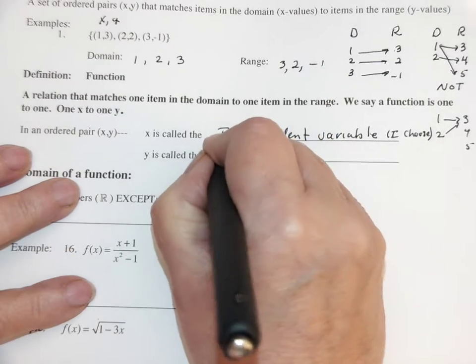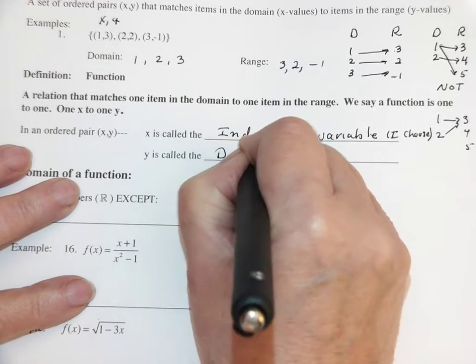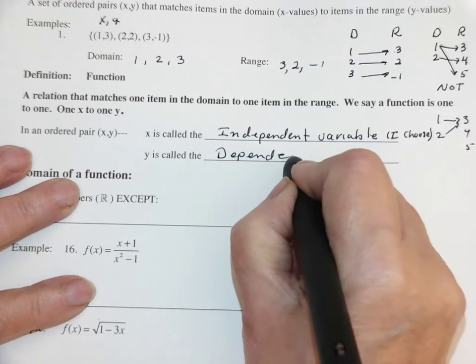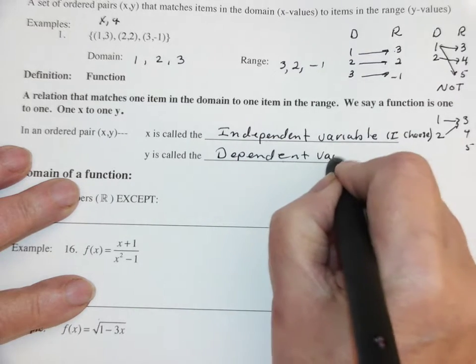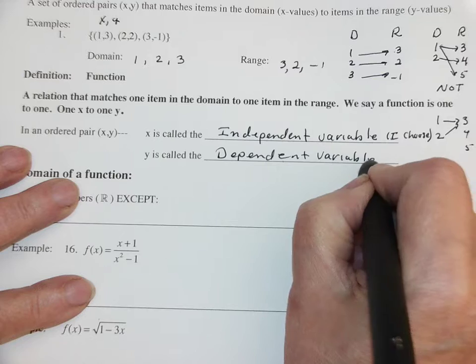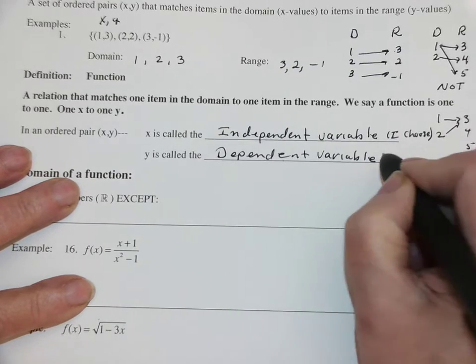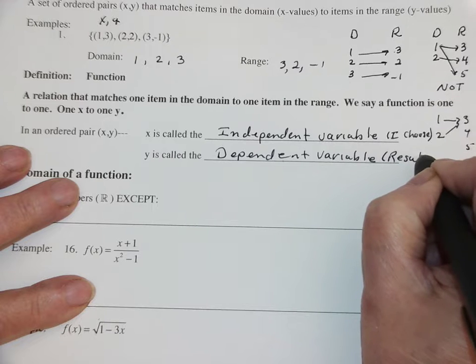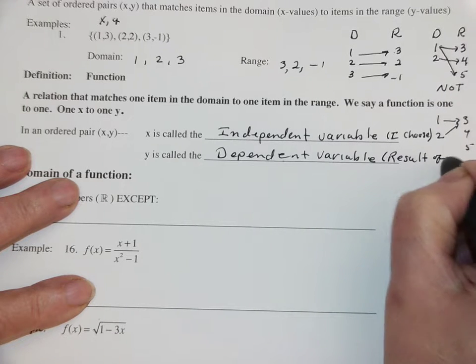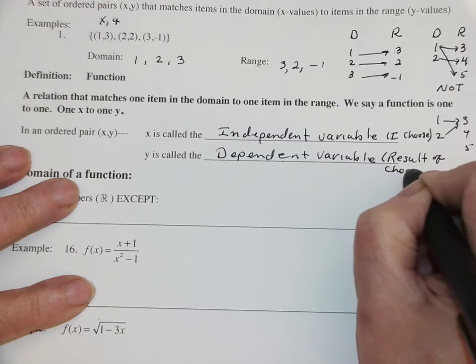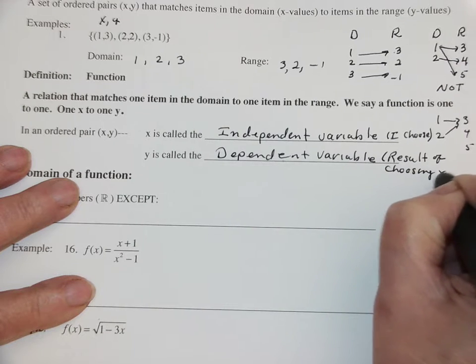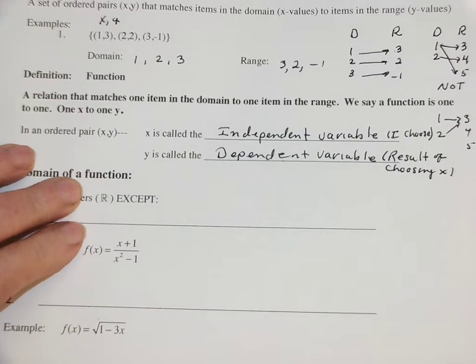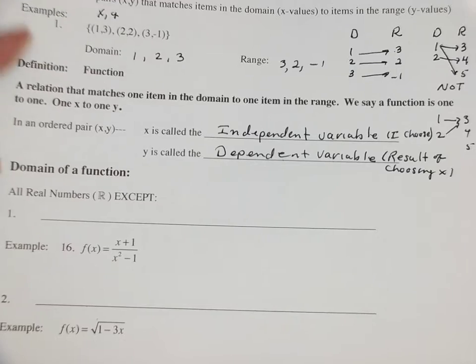Y would be called the dependent variable. It's the independent variable, and this is the result of choosing x. Independent and dependent variable.